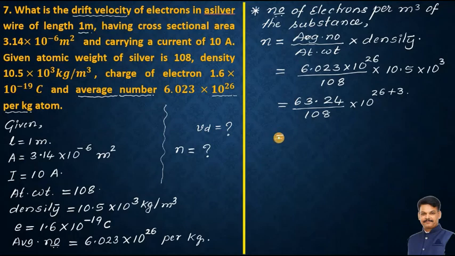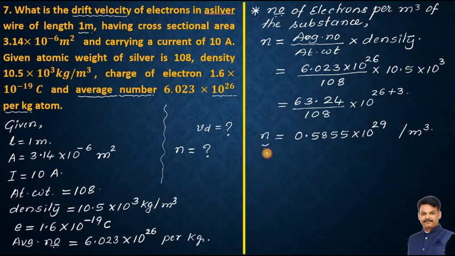So 63.24 divided by 108, the value will be 0.5855 into 10 raised to 29. So these many number of electrons will be present per meter cube of the material, or even you can express it in terms of the whole number also. It is left to you.